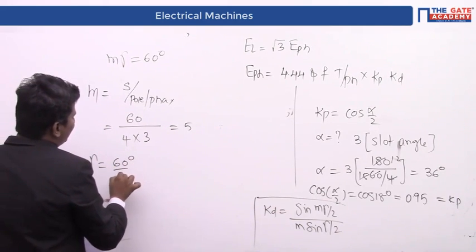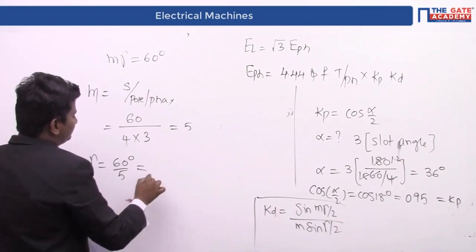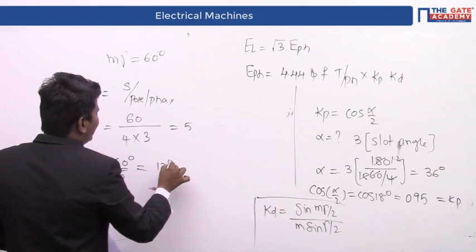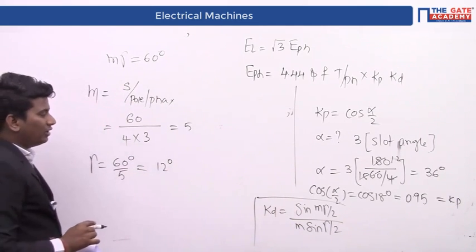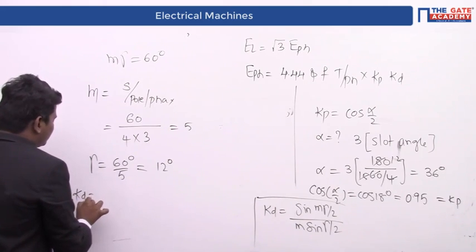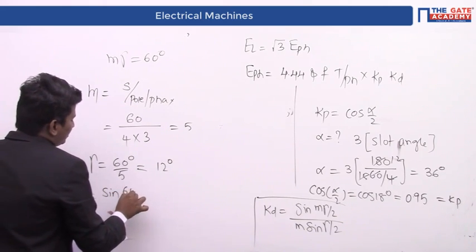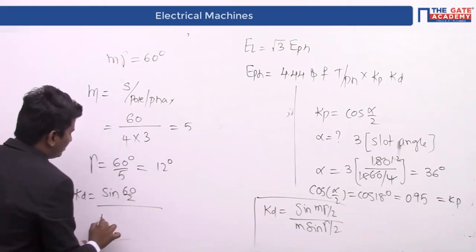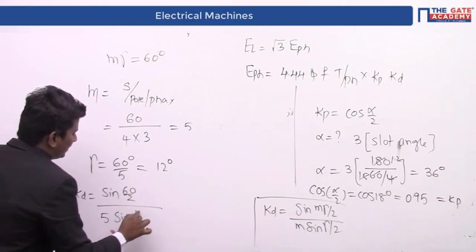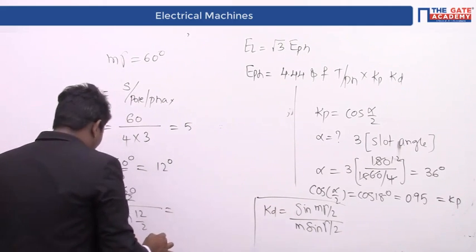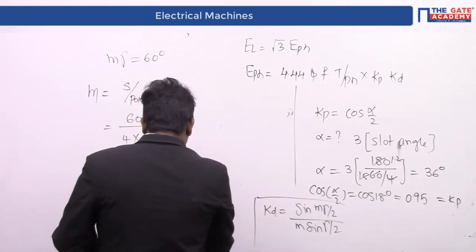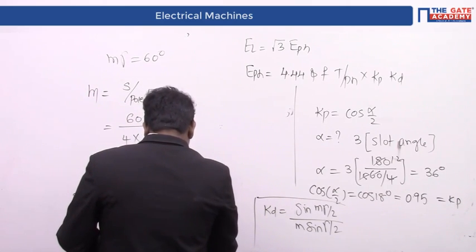Simply 60 degrees by 5, which is 12 degrees. Therefore, what is your Kd? Sin m gamma by 2 by m sin gamma by 2.